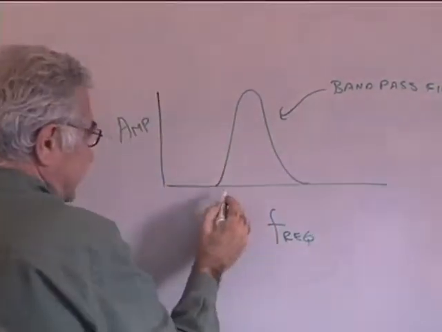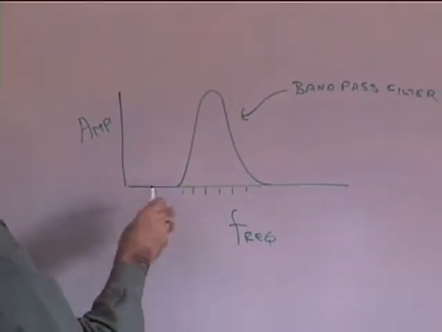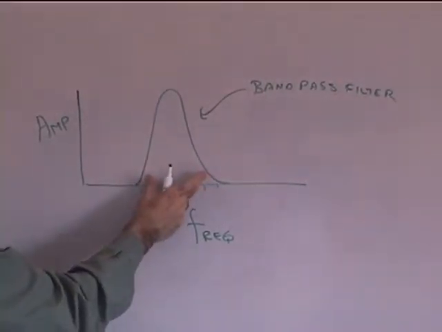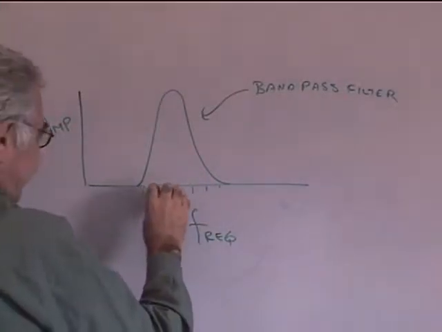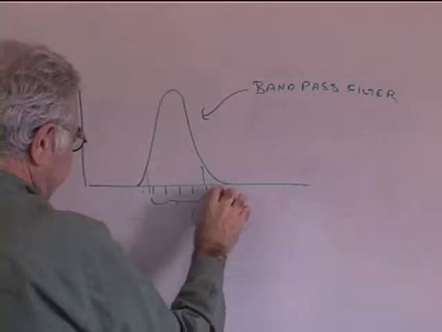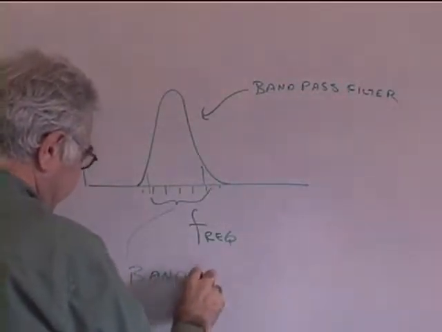That is, it selects only the frequencies that are between its lower and upper bound. We talk about the bandwidth of a filter, and there's a very nice mathematical way of defining that. This width is called the bandwidth.